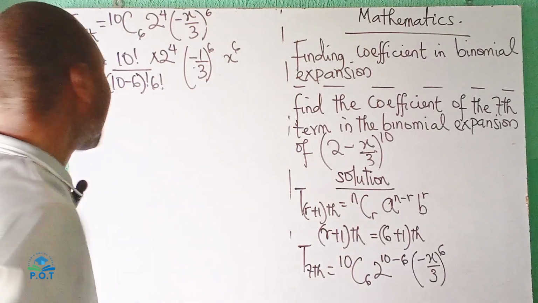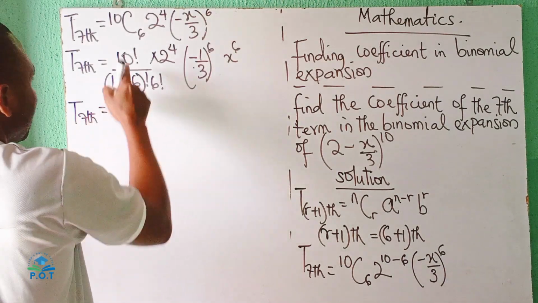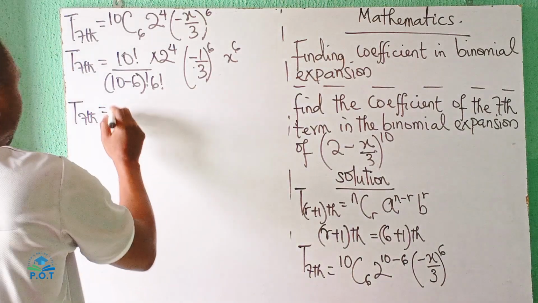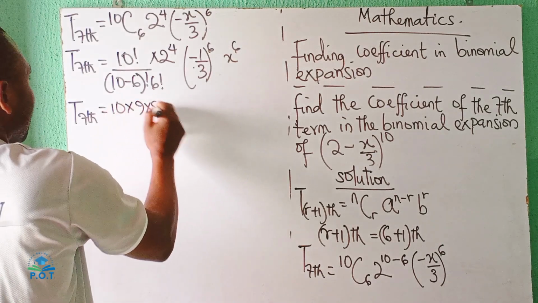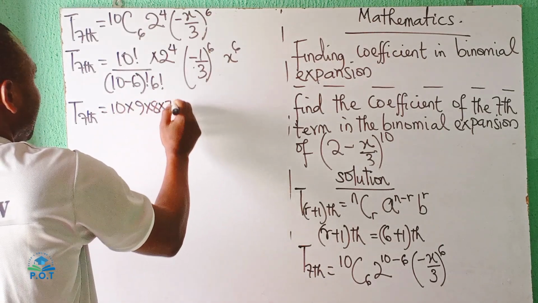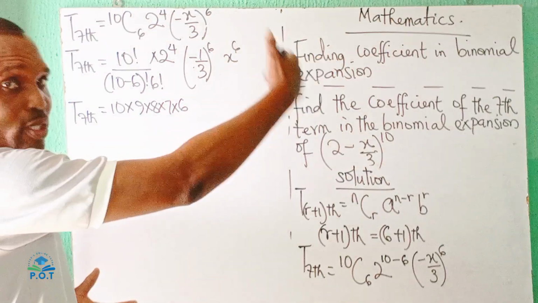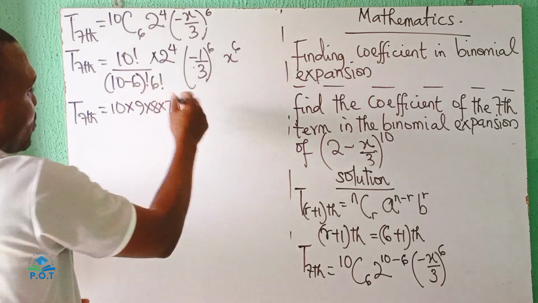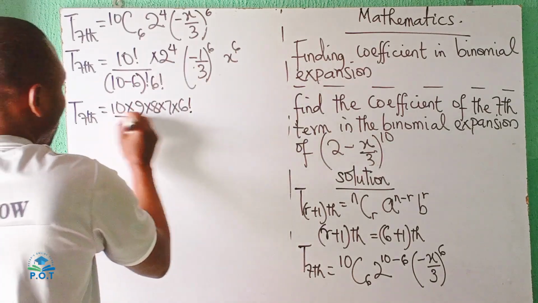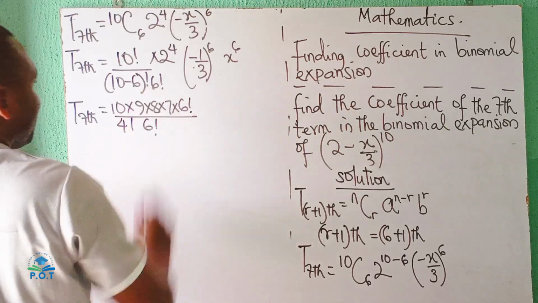All right. So the 7th term is now equal to 10 factorial, which is 10 times 9 times 8 times 7 times 6 times 5 times 4, and it continues like that. But I'm having a 6 factorial down, so let me stop here, over 4 factorial, then 6 factorial.